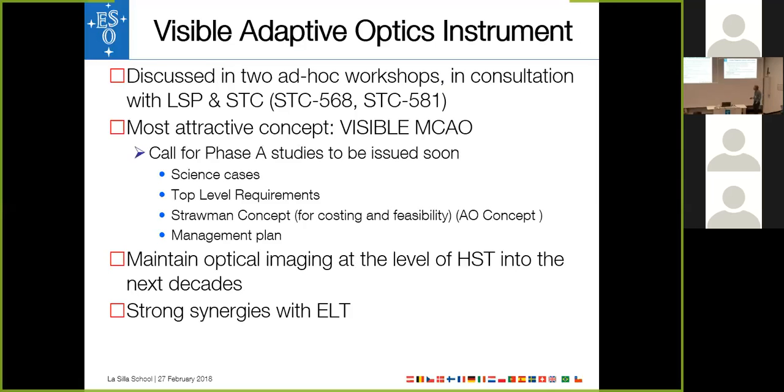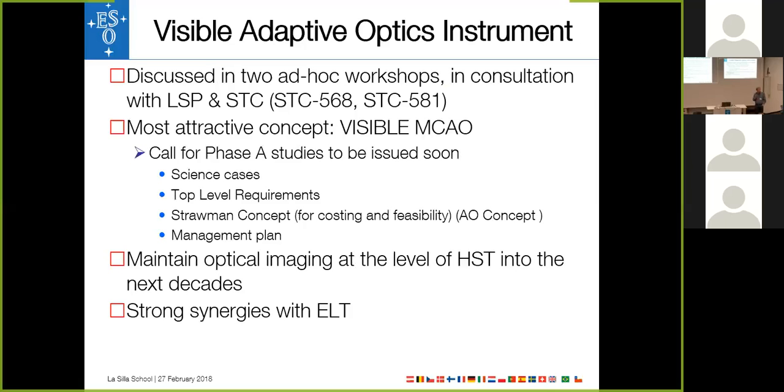So the bottom line for me is we would like to maintain the capability that we right now have with HST, these images that HST is delivering to us in the optical. We would like to maintain that capability because HST will stop working in a few years.